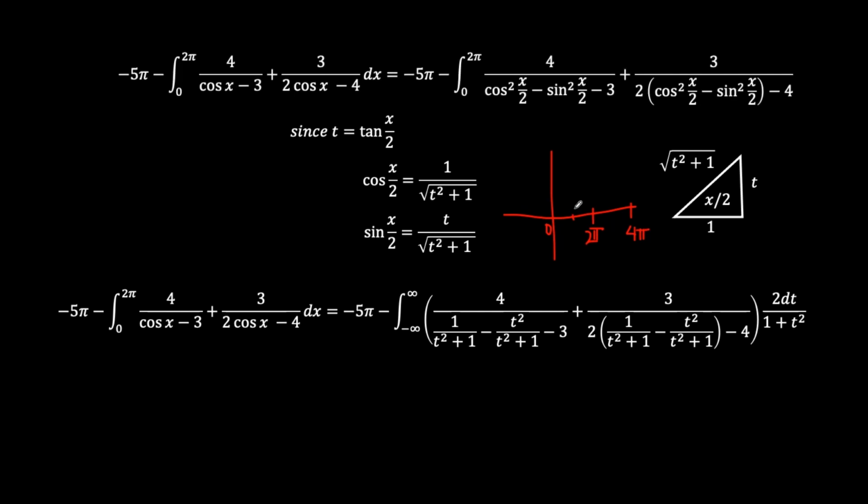So if we're plotting tangent x over 2, essentially our asymptote will be at pi because that's when x over 2 is pi over 2. And then at negative pi, we'll have another asymptote. So we'd have a curve like that, right?